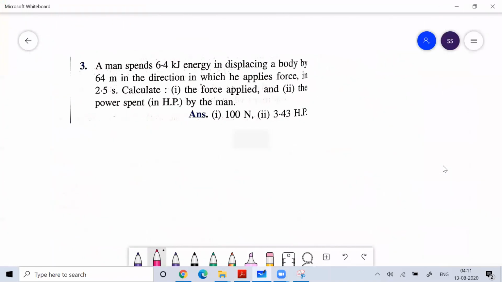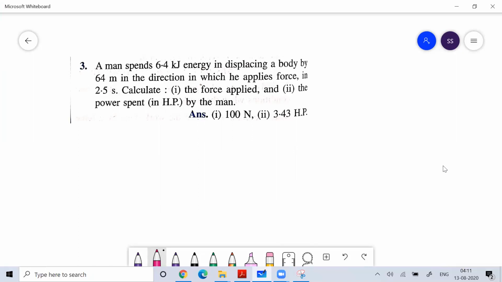So this is question number three. A man spends 6.4 kilojoule of energy in displacing a body by 64 meter in the direction in which he applies force, in 2.5 seconds. Calculate the force applied.